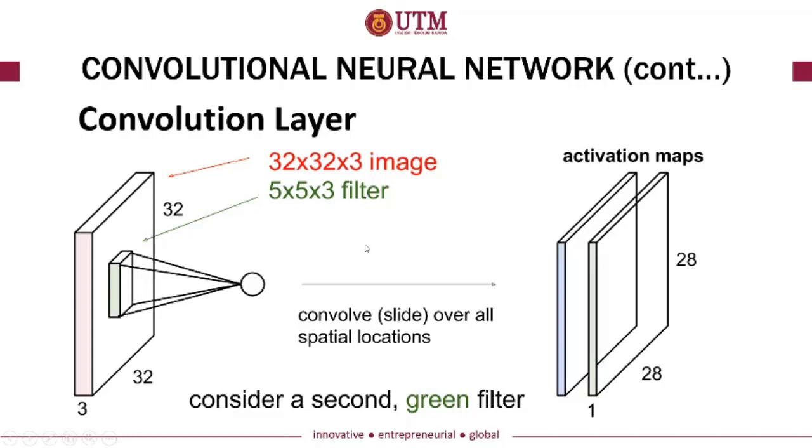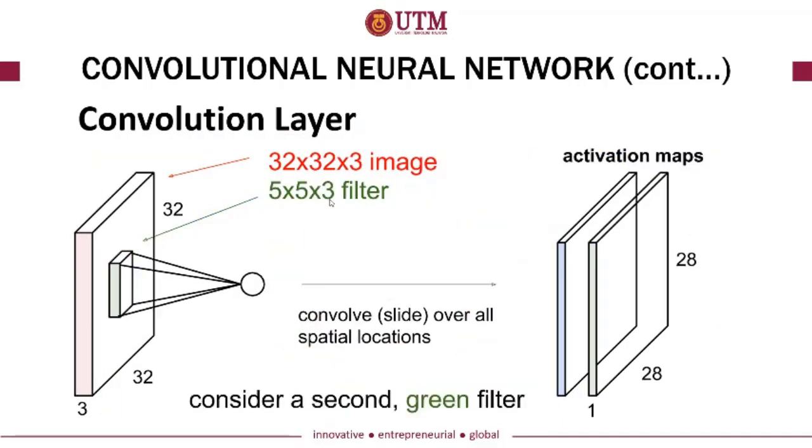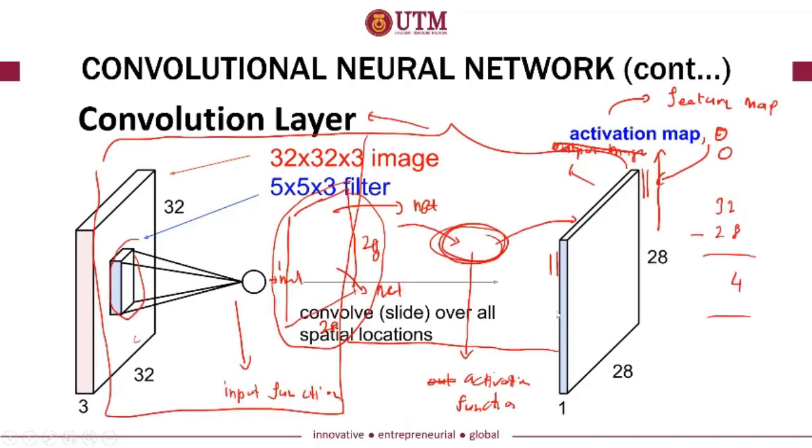That's why we put the color here as green, just to make sure that it's not confused with the blue filter, because the coefficients are different. So this is a second filter. You apply the same thing, then you get another 28 times 28 times 1, which is another layer. So this activation map layer is the output result from the second filter, while this one is the output result from the first filter.